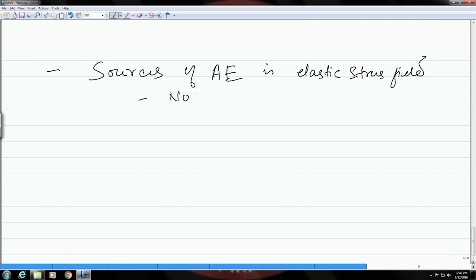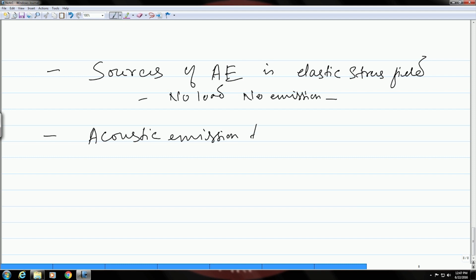So, let me reiterate this again: no load, no emission. This is the typical characteristic of acoustic emission. Then acoustic emission testing does not need any external source.